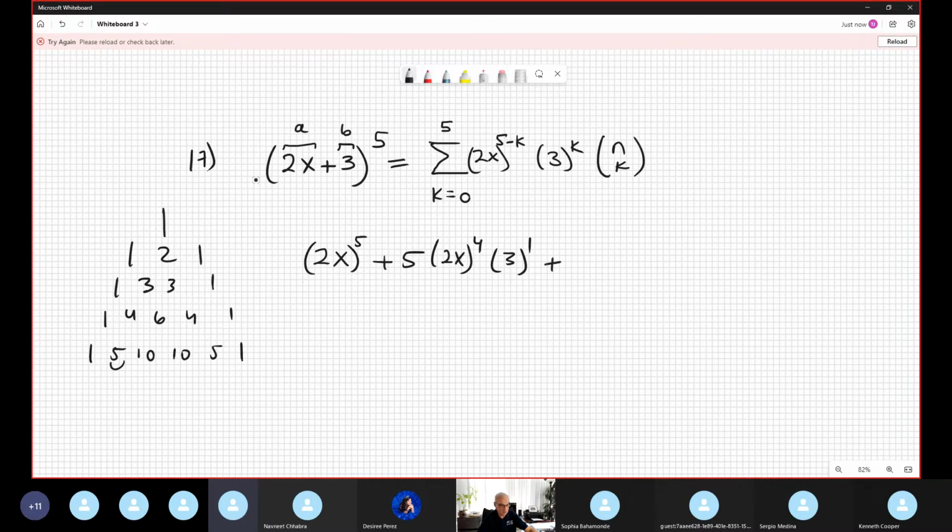The next guy is 10. Look at that. This is the coefficient: 10 times 2x to the 3rd power, and b gets 3 to the 2nd. 3 plus 2 is 5. Plus, the next is 10 again. So it's 2x raised to the 2nd power and 3 to the 3rd power.